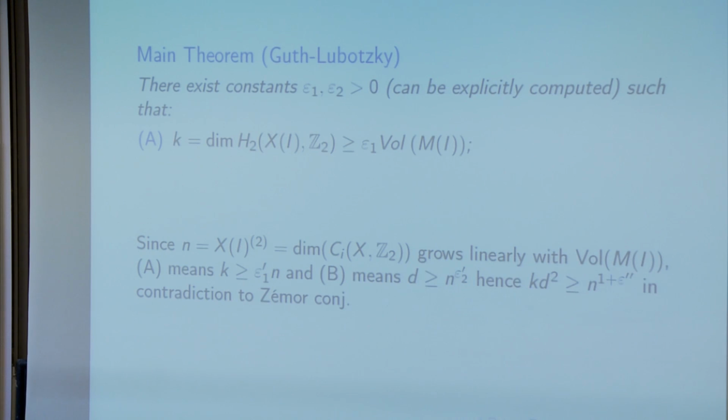The number of two-cells is linear in the volume. So it means that the rate is fantastic. The rate is best possible.